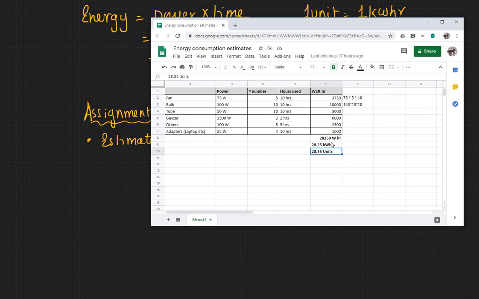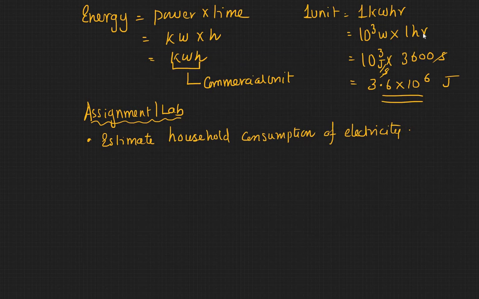So we have got about 30 units of energy consumption. Typically in the United States, your energy consumption per house is about 900 units per month. In India, it's approximately 1/10 of that. Maybe you need to find out how much energy you consume in your house.